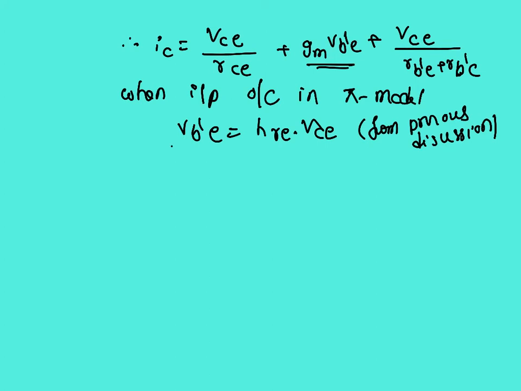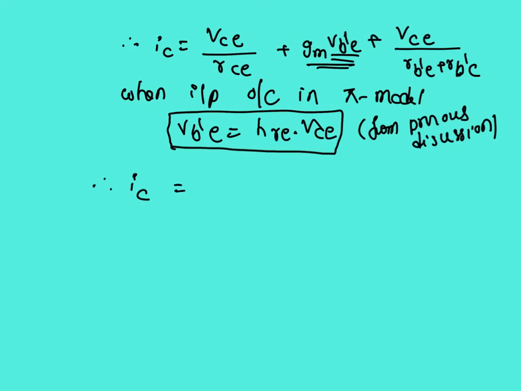We took this expression from the previous discussion of feedback conductance. So substitute this Vb'e value here.